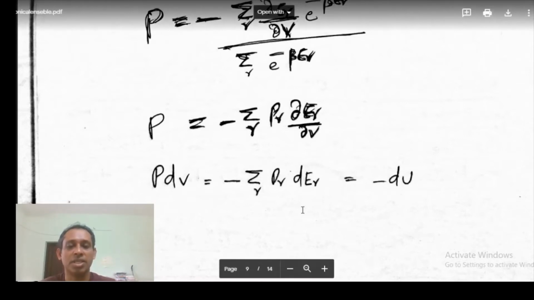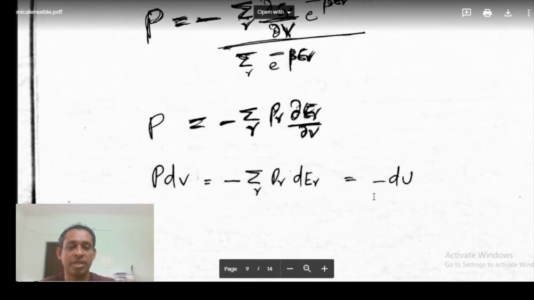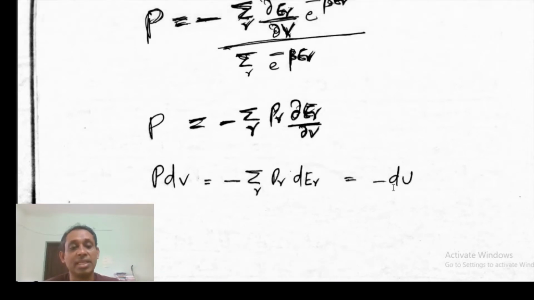We know sigma r Pr Er is U, so sigma r Pr dEr is dU. So PdV is equal to minus dU. We have obtained the relation that pressure times the change in volume is the negative change in the mean energy of the system.